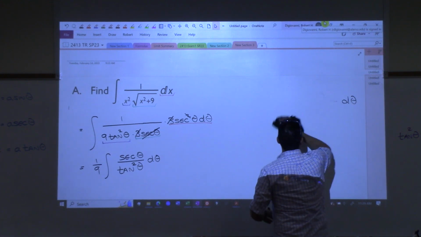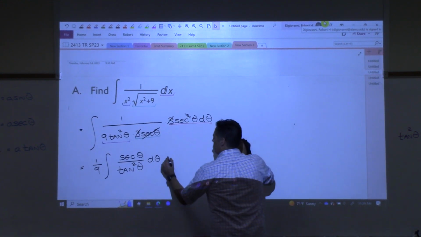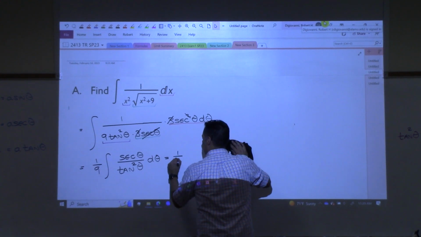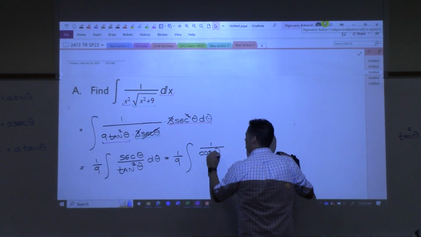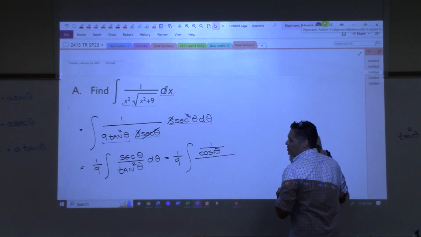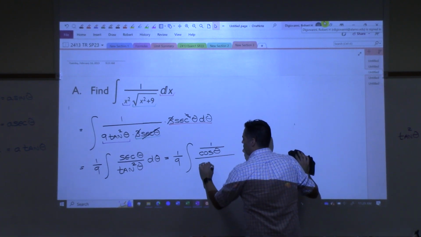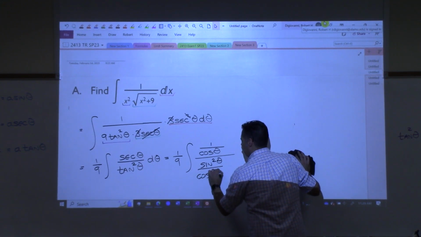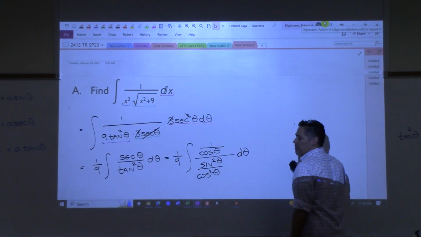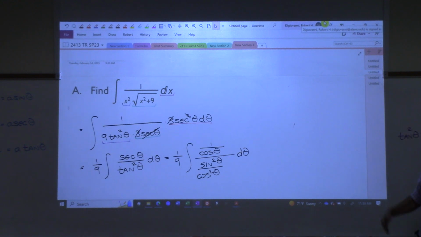But upon the suggestion of some of you in the class, I'm going to replace secant with 1 over cosine and tangent squared with sine squared theta over cosine squared theta. That's just the definition of each of those.